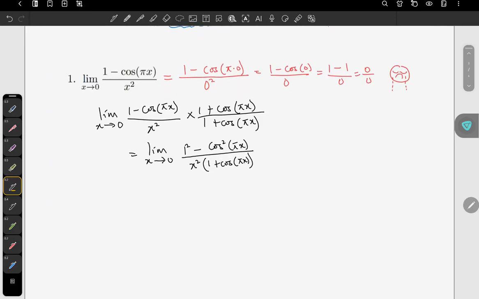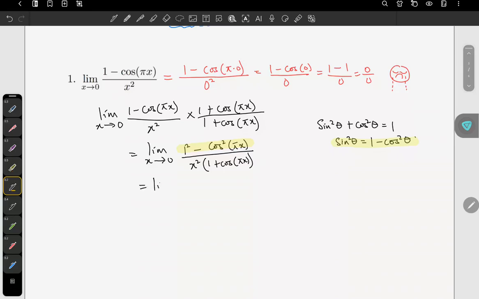Now, we know from the Pythagorean identities that sine squared theta plus cos squared theta equals 1. That tells us that sine squared theta is equal to 1 minus cos squared theta. So using this identity, we can see something similar in the numerator here.